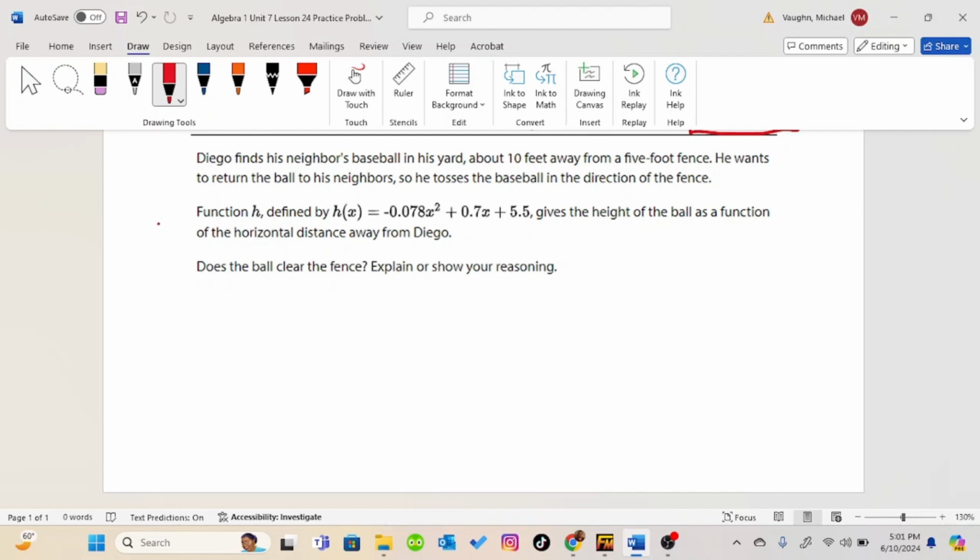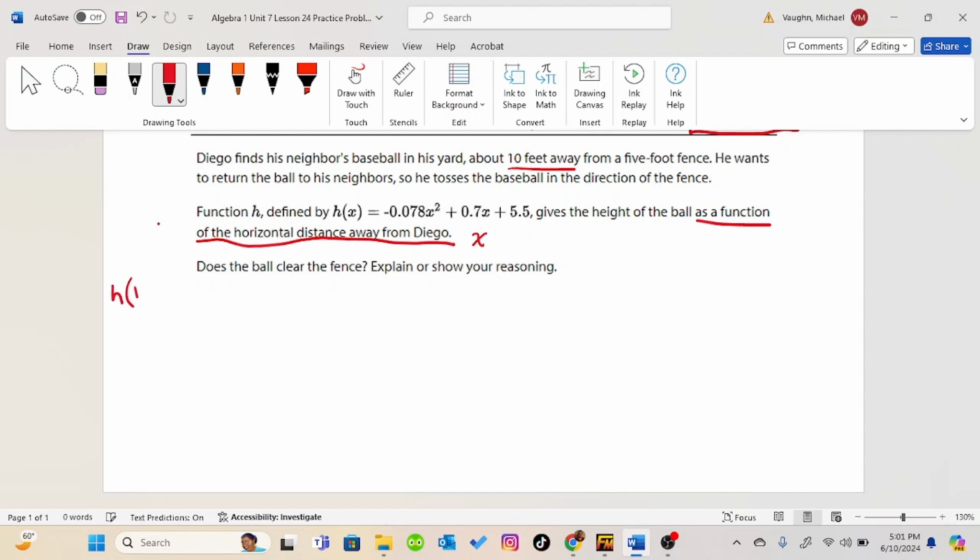So, when it says as a function of the horizontal distance away from Diego, this is x. So if he is 10 feet away, then we can substitute 10 in for x.